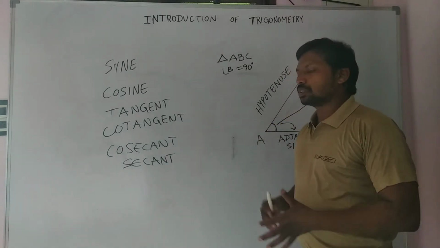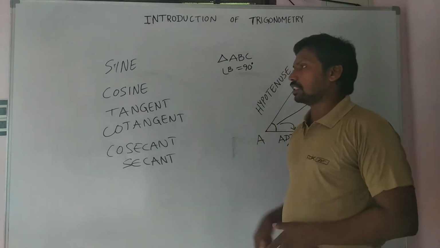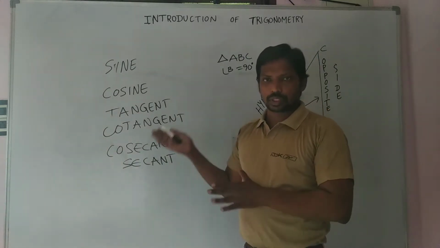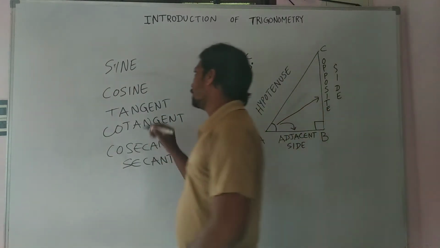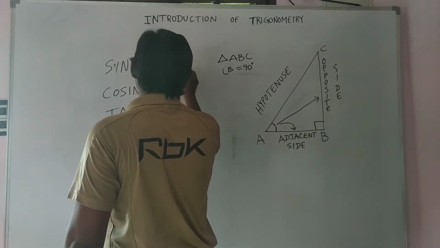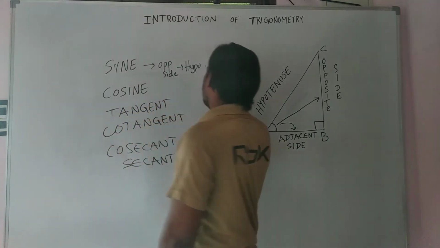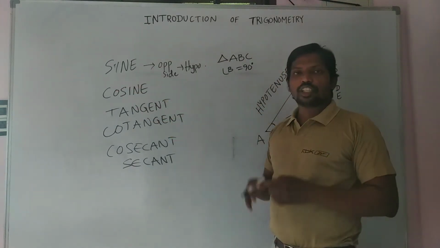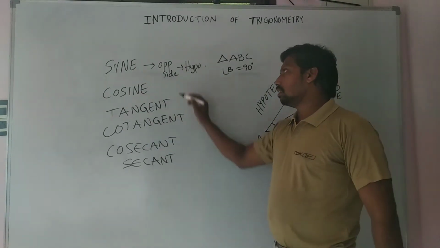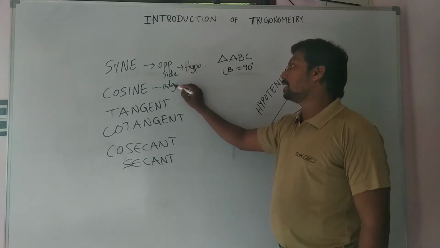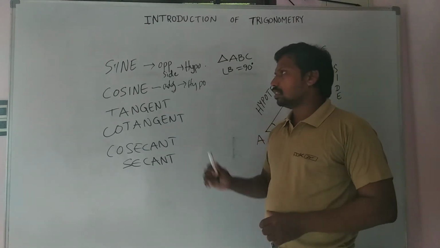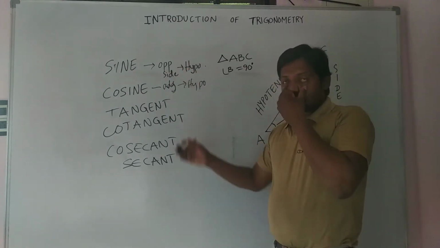So what is the definition of sine? Sine is the ratio of the opposite side to the hypotenuse. Cosine is the ratio of the adjacent side to the hypotenuse. Learn these two by heart.